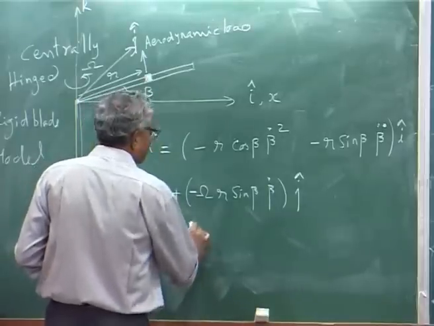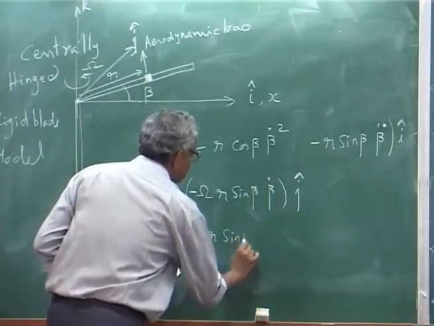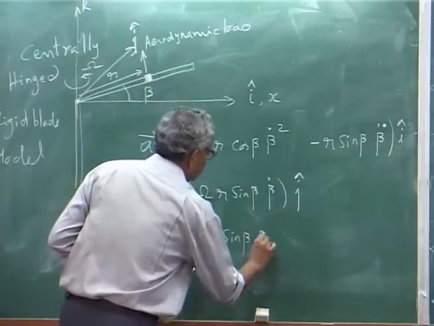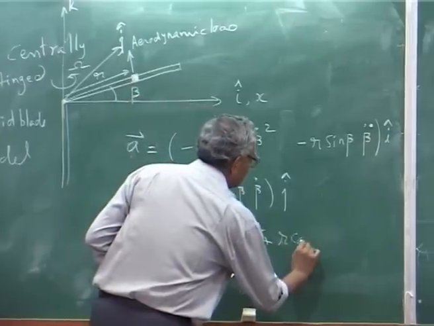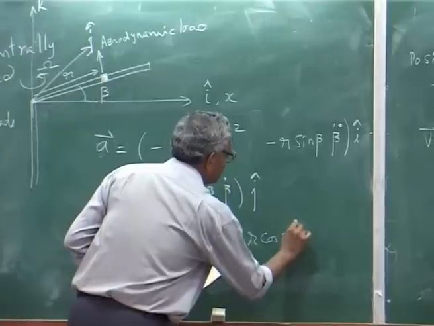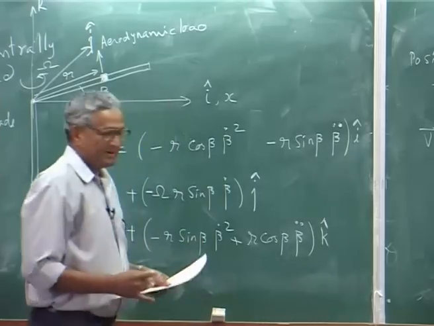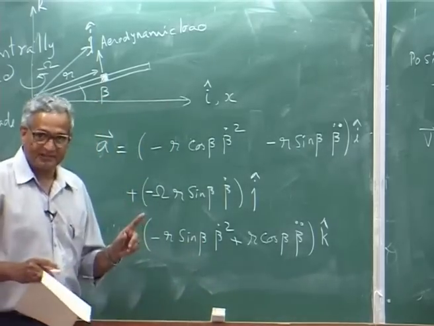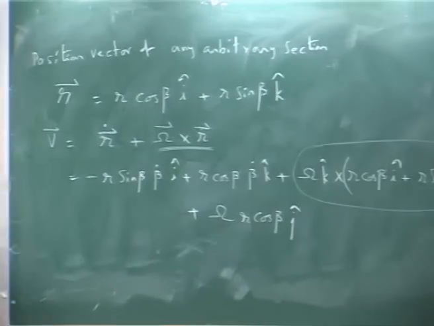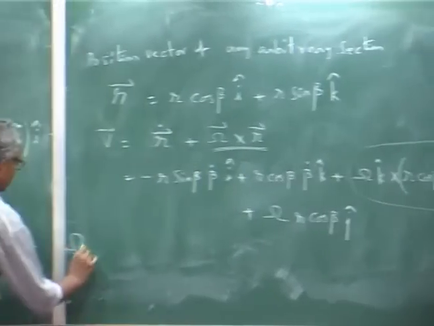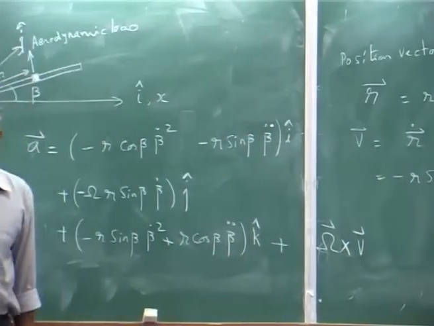Then minus r sine beta dot square plus r cosine beta double dot, k. Plus, because of the rotation, you will have omega cross this expression, the v: omega cross v.